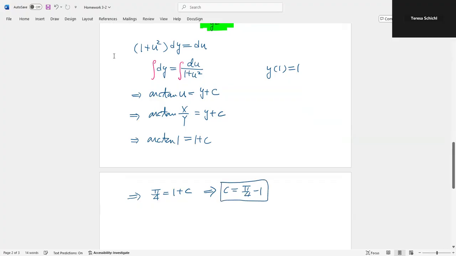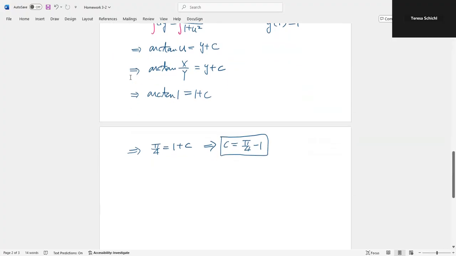Okay, so afterward I can just substitute. So my final answer will be arctan of x over y equal to y plus c, where c is pi over 4 minus 1.